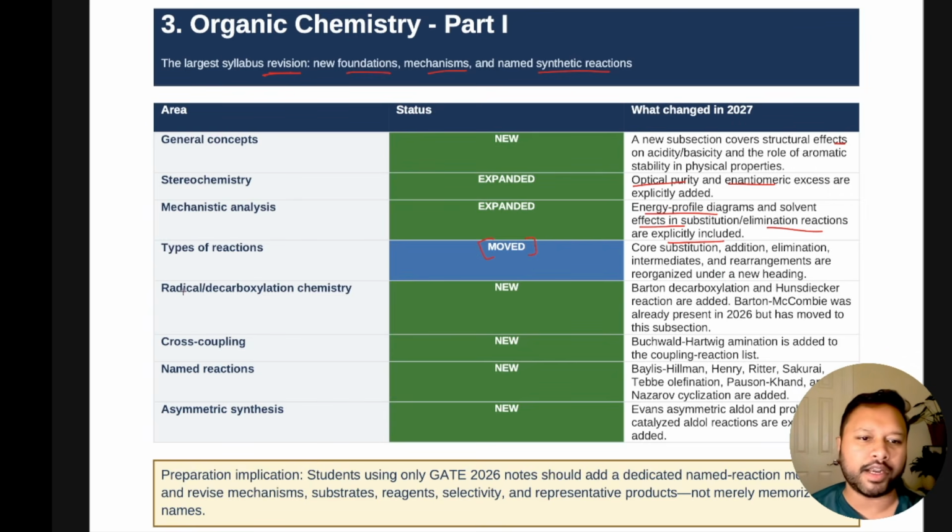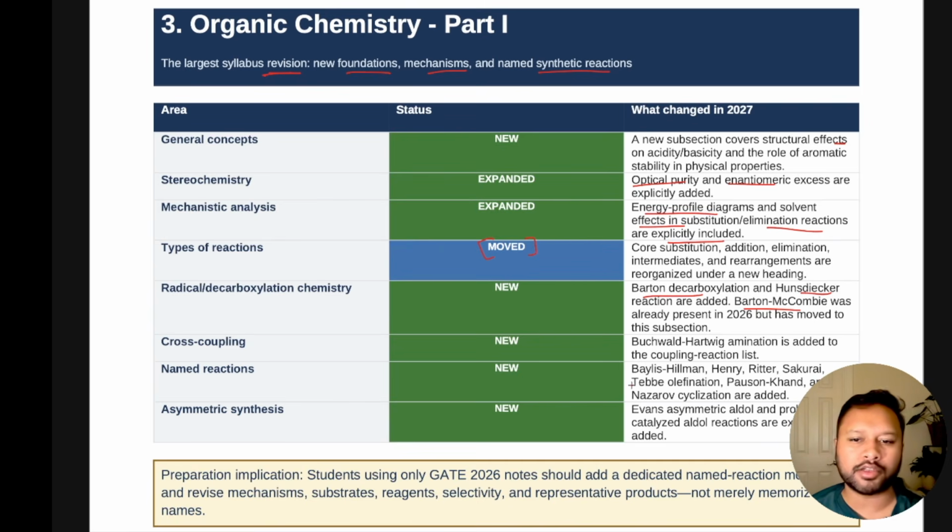Radical decarboxylation chemistry is something new which is added. So Barton reaction, Hunsdiecker reaction, Barton-McCombie. These things were already present, but have been moved to this subsection. So these are basically reshuffled. Cross coupling reactions like Buchwald-Hartwig amination is also added in the coupling reaction list.